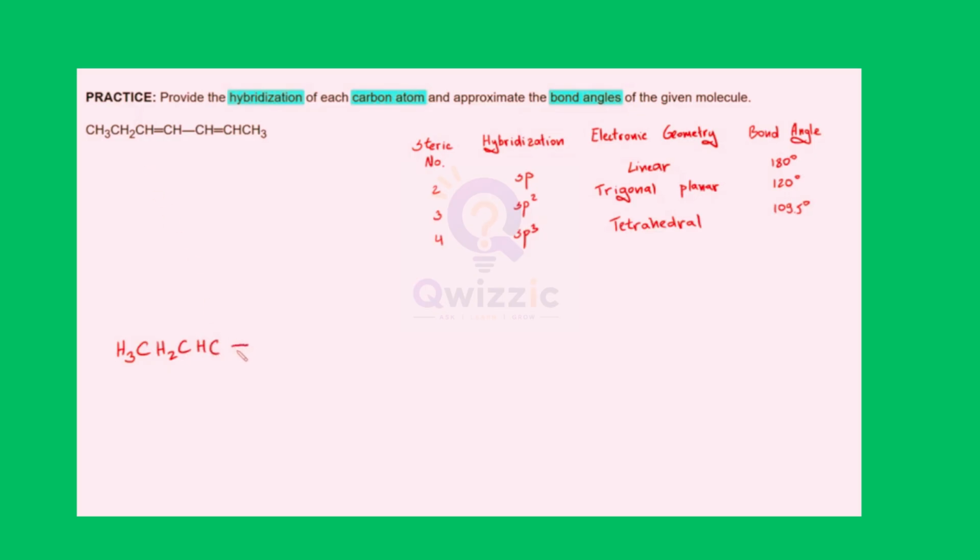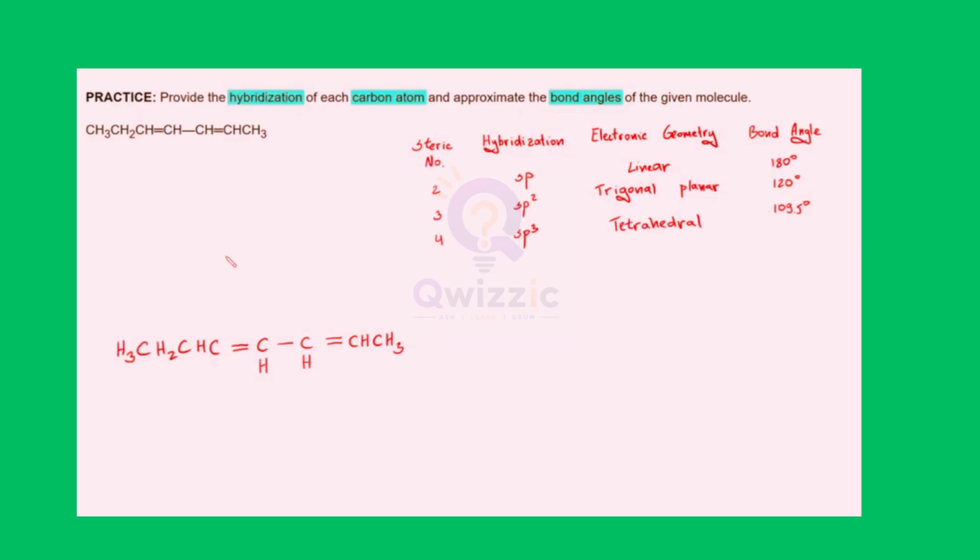We're going to introduce that double bond between our carbon atoms and we're going to say C. Then we're going to add hydrogen below that carbon. Then we're going to add carbon with another hydrogen. Then we're going to introduce our double bond. And then, of course, we're going to say CH₃CH₃ because that's what we have at the end.